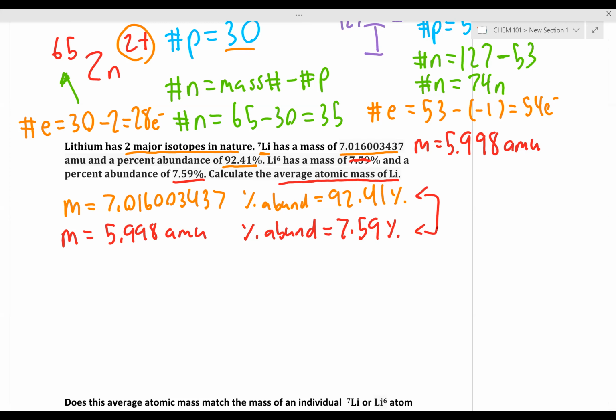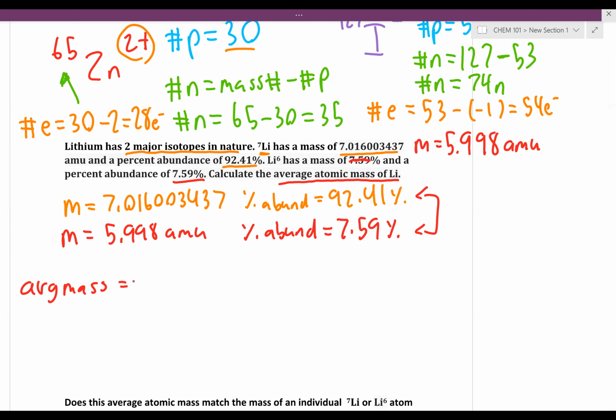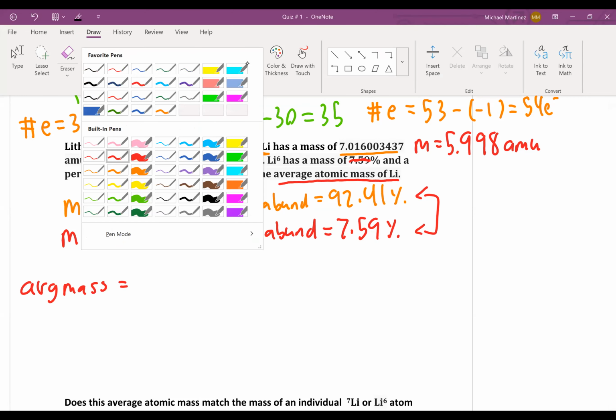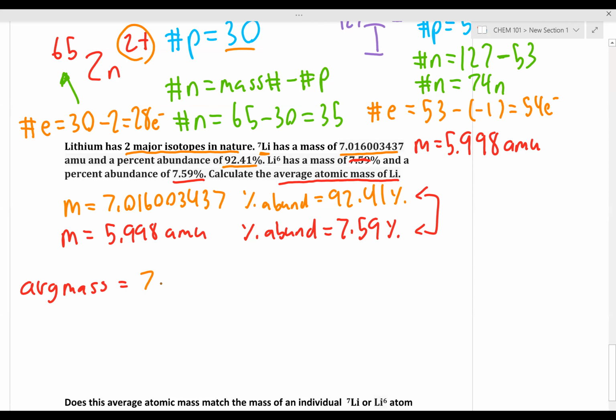So to do that, if we want to calculate the average mass, all we have to do is take the mass of one of our isotopes, in this case, 7.016003437 AMU, times its percent abundance, which is 92.41%, divided by 100.